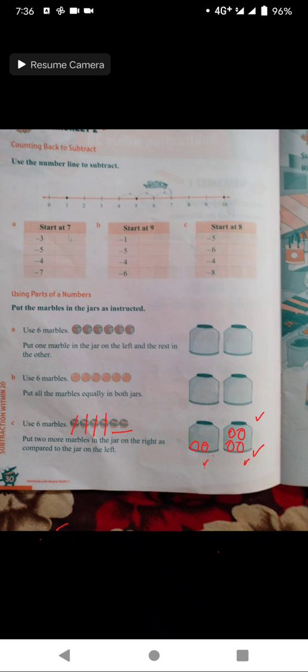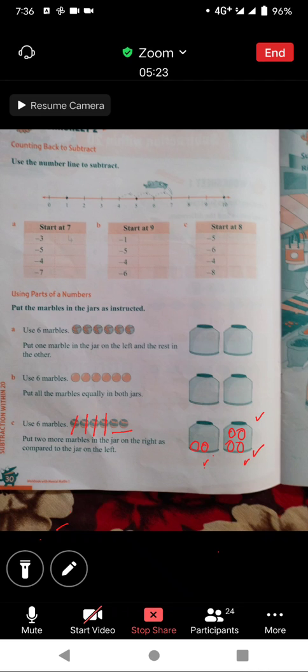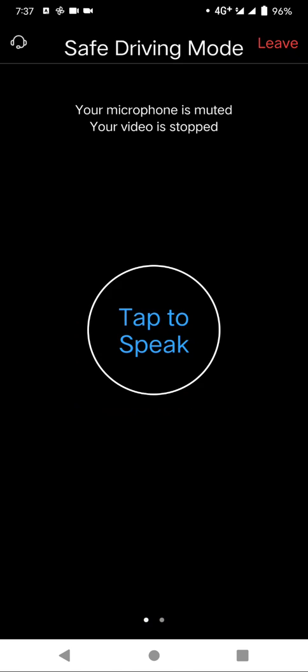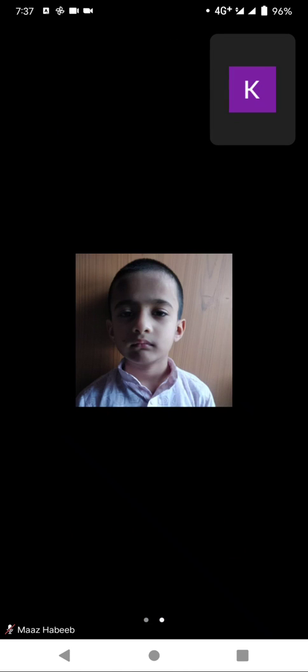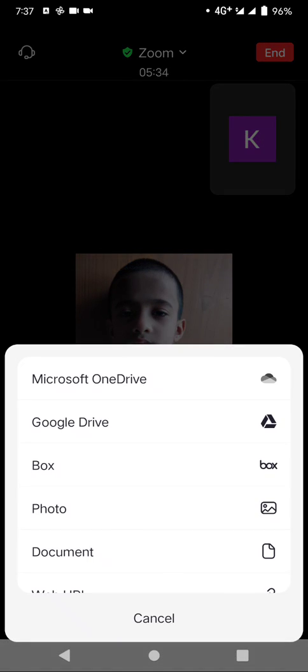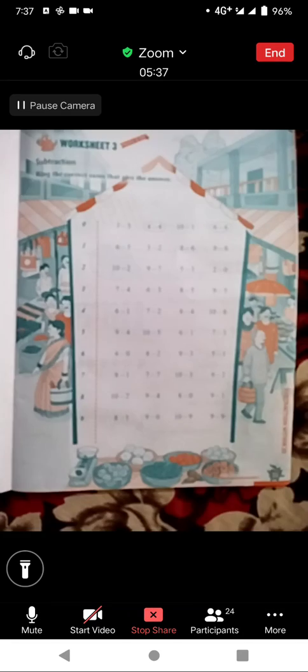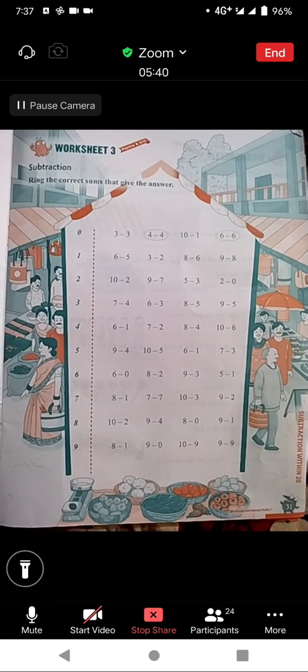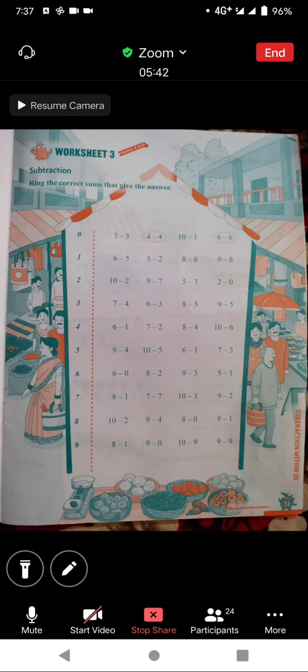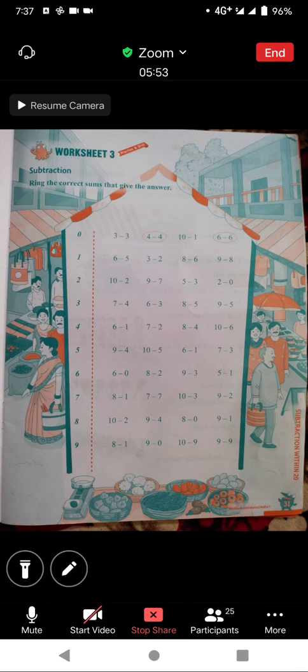Everyone open page number 31, worksheet 3. This is also based on subtraction. Read the question here.